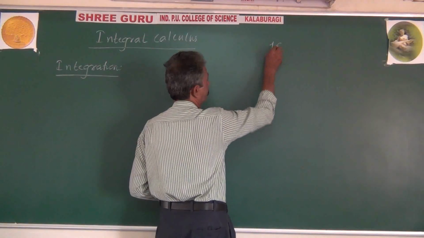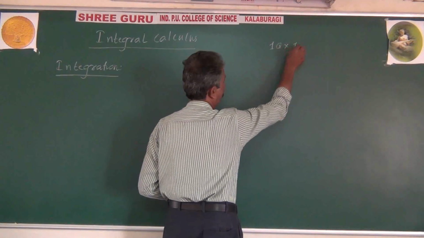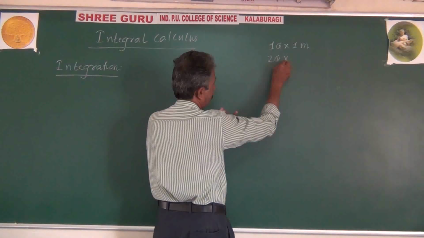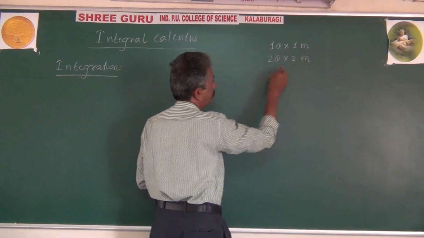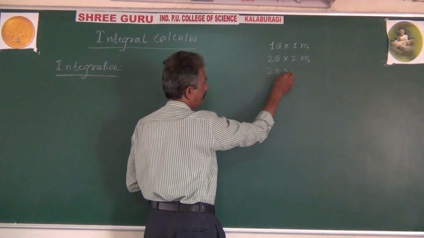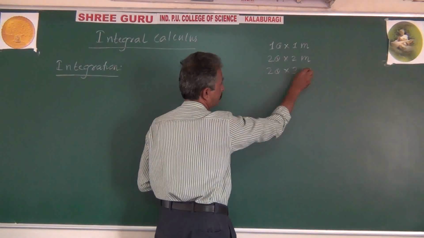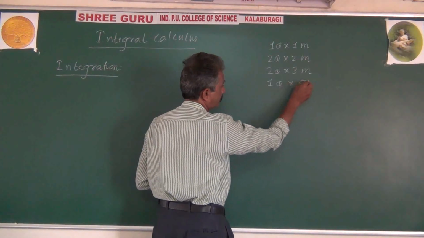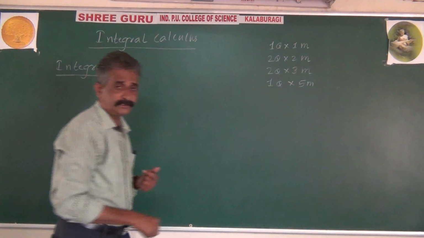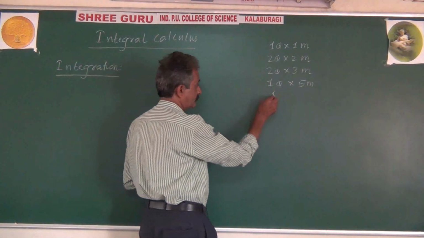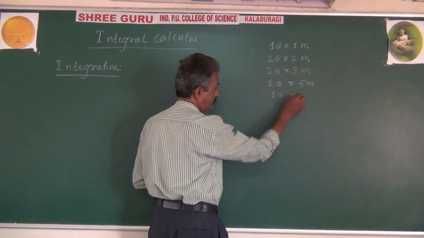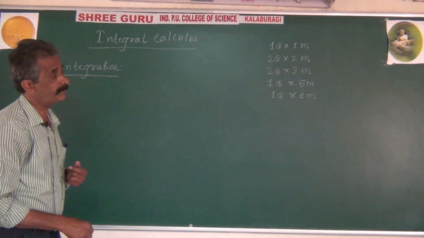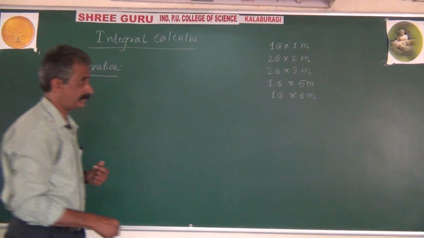One question carrying 1 mark, 2 questions carrying 2 marks, 2 questions carrying 3 marks, 1 question carrying 5 marks, and there will be 1 question carrying 6 marks, especially based on properties of definite integrals.